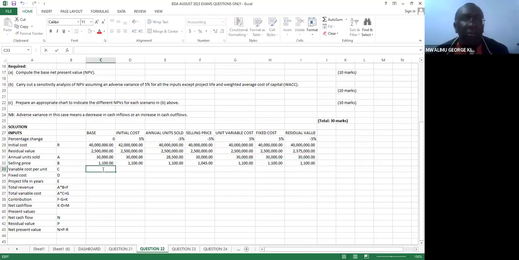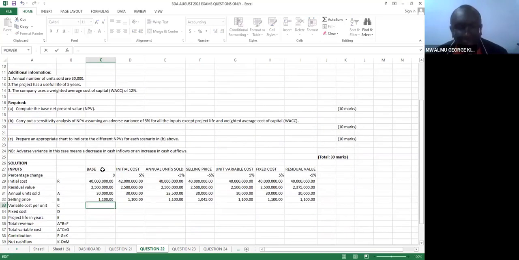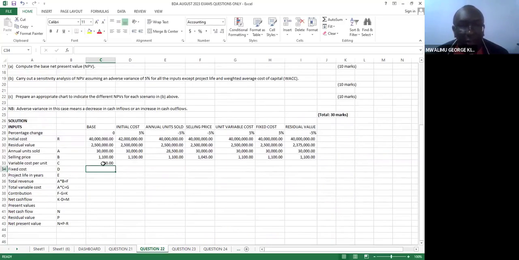The variable cost per unit, we are given, so it is to say equals this one, and we enter. I should have put F4 so that does not change, and it enables me to copy up to here.